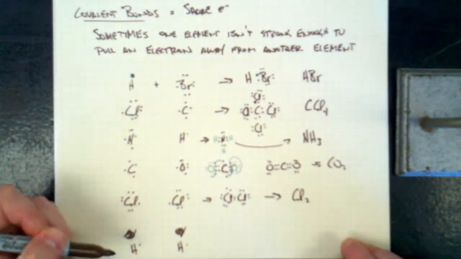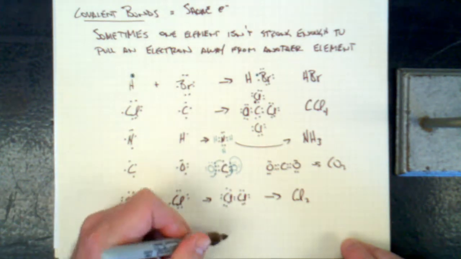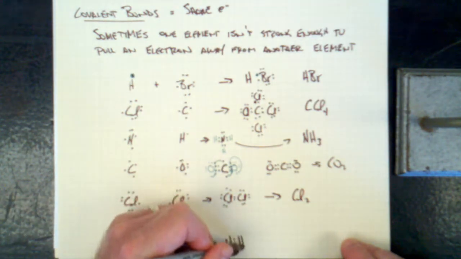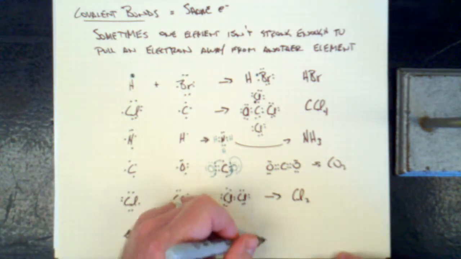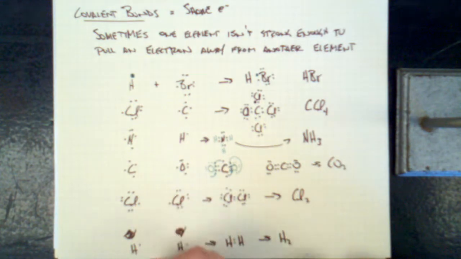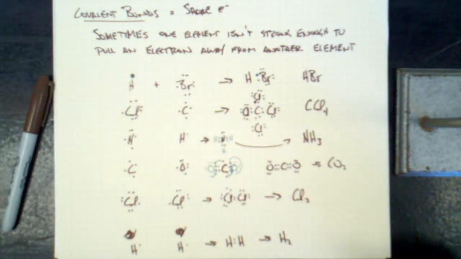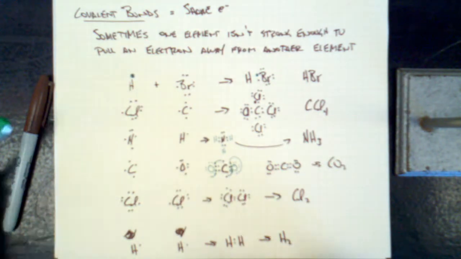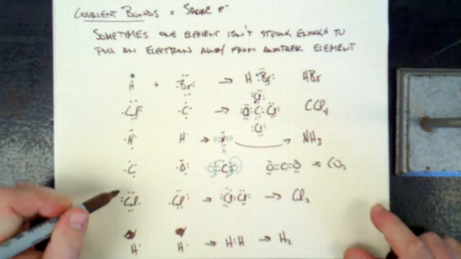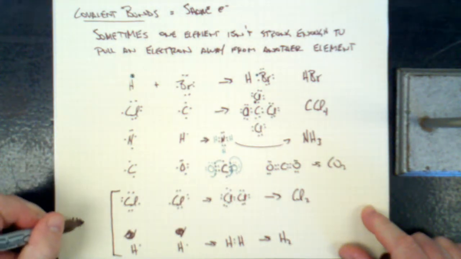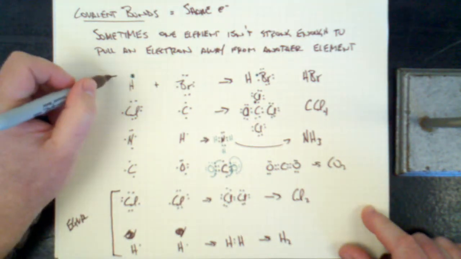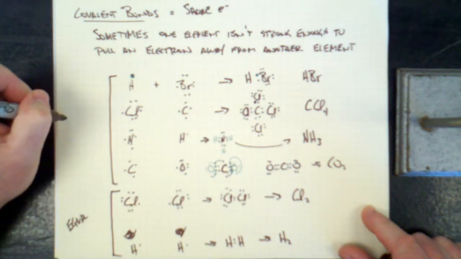Hydrogens only have 1 electron, but they can share it just as easily. So we have H2. So really, when you've got the same element, they're both pulling on the electron equally, so we have equal sharing. So we call this equal sharing. This, unequal sharing.